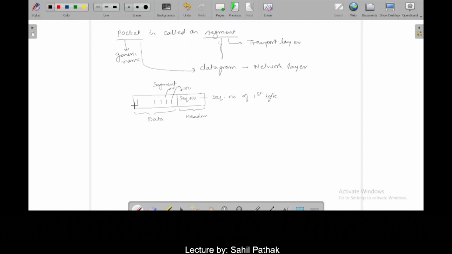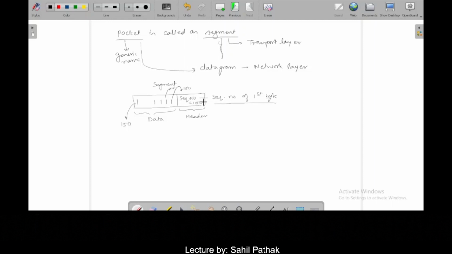Let's say the last byte has sequence number 150. So the sequence number that we are going to put in the header is nothing but the sequence number of the first byte. Okay, so here the sequence number is going to be 100.